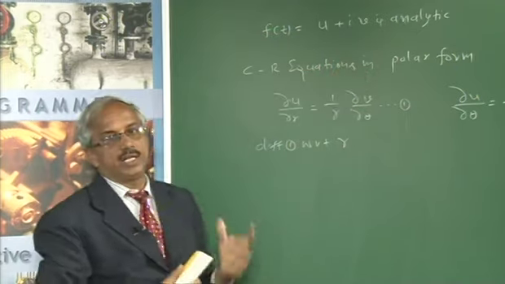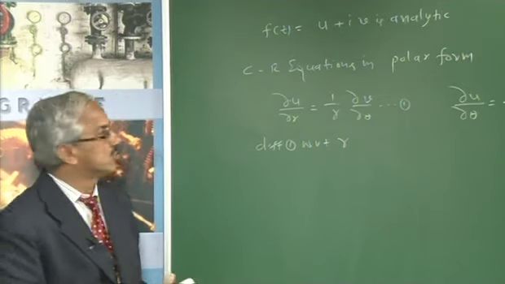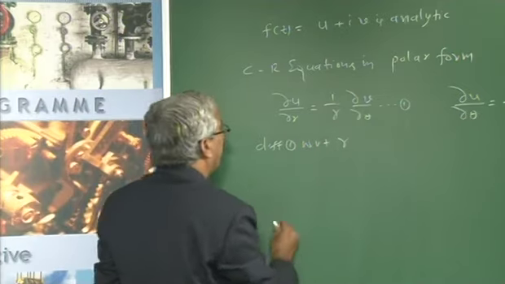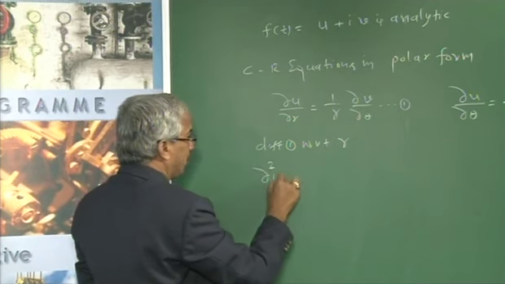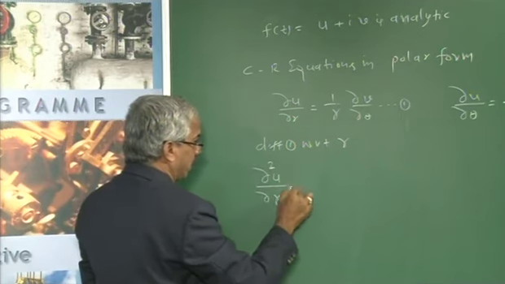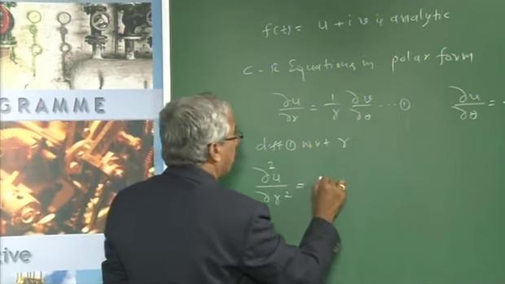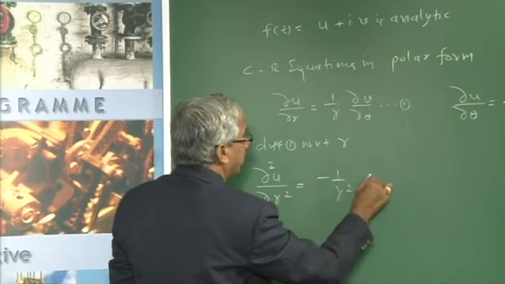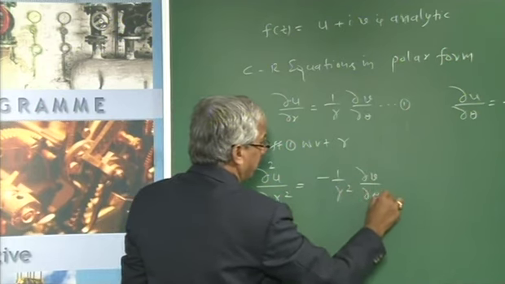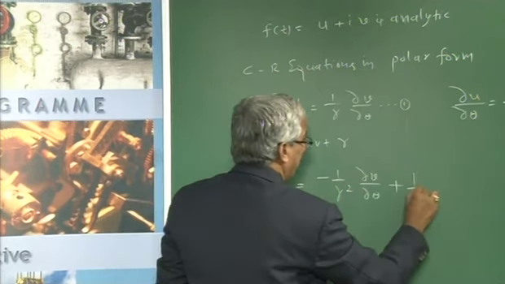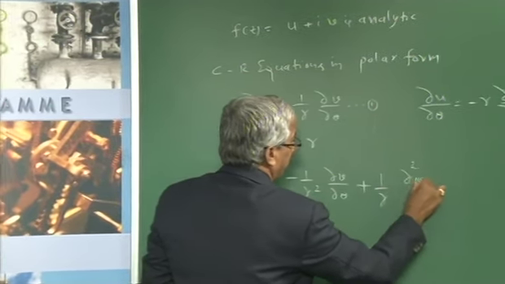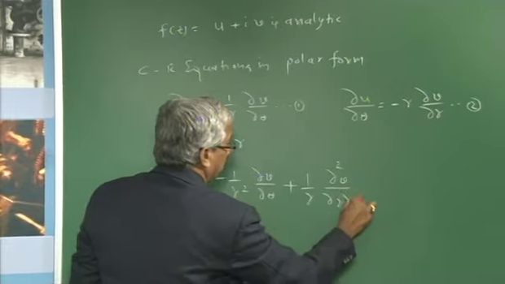Since dou v by dou theta is also a function of r and theta, we need to differentiate by the product rule. That is, dou square u by dou r square is equal to minus 1 by r square into dou v by dou theta plus 1 by r into dou square v by dou r dou theta.